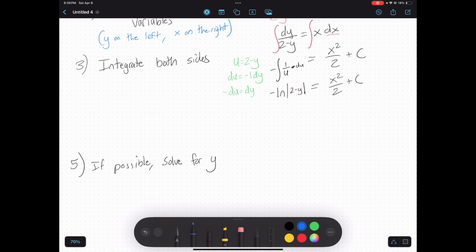So what we're going to do is we're going to make an assumption here. We're going to assume that y is greater than 2. Okay? As long as y is greater than 2, then 2 minus y is going to end up being always negative. It's always going to be negative, right? If I plug in 3, I get 2 minus 3, which is negative 1. If I plug in 5, I get 2 minus 5 is negative 3, which is negative.